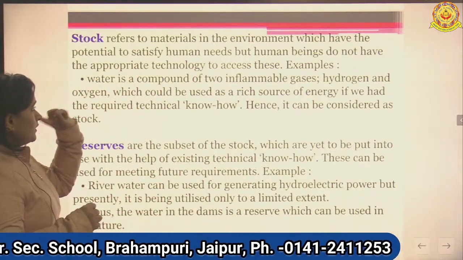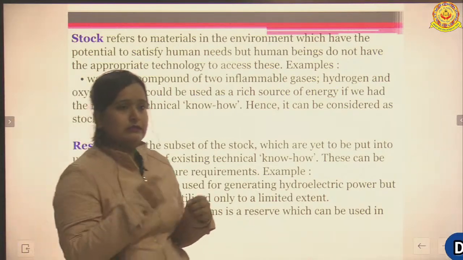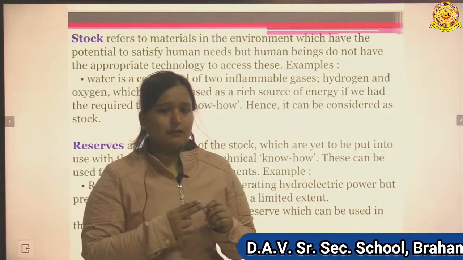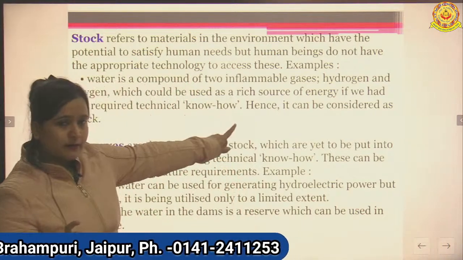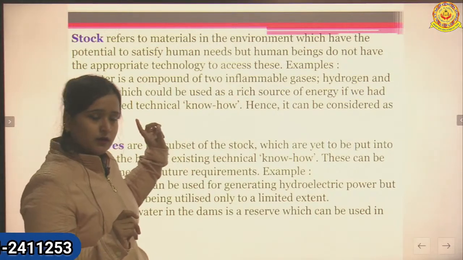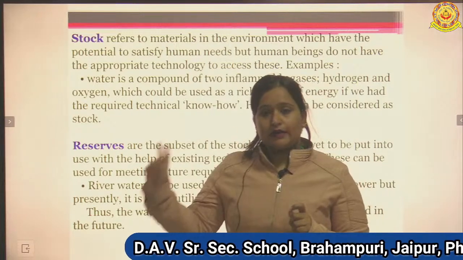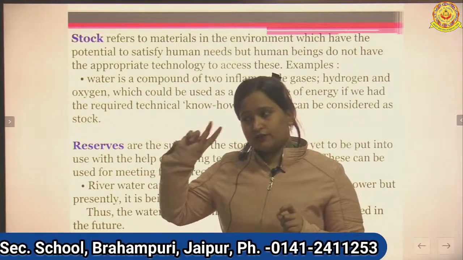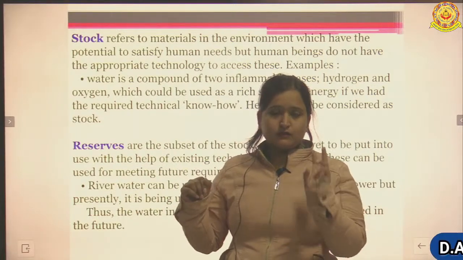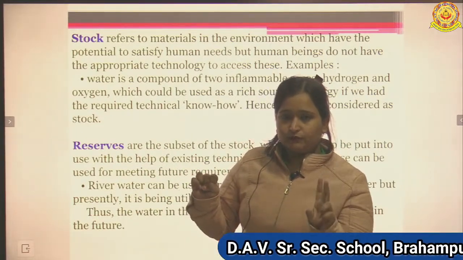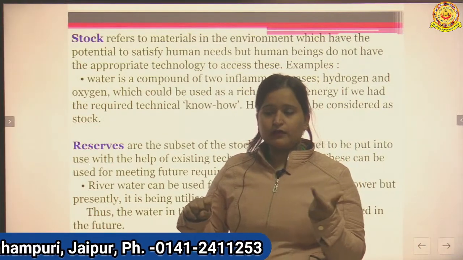For example, water is a compound of two inflammable gases, hydrogen and oxygen. We can take hydrogen and oxygen out of the water, because the formula of water is H2O.